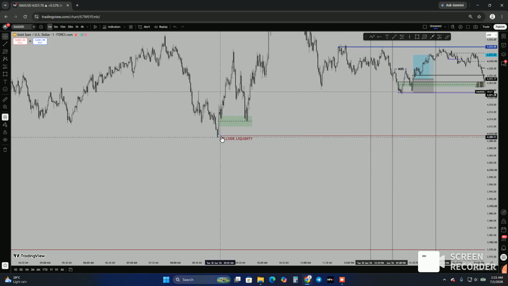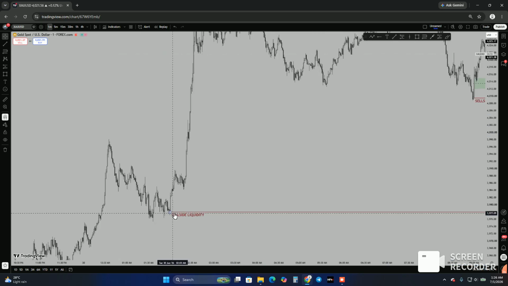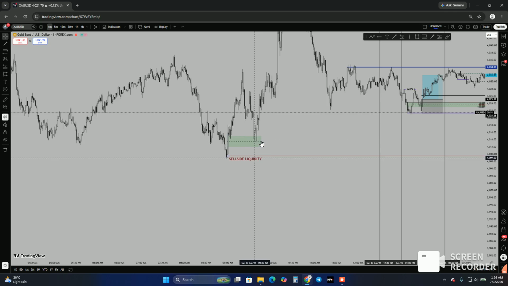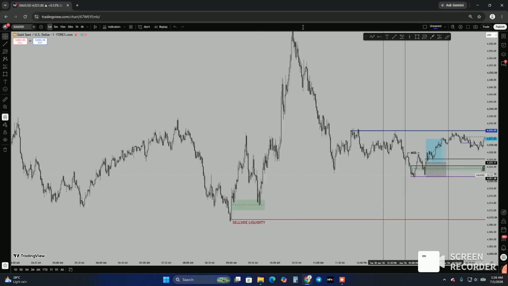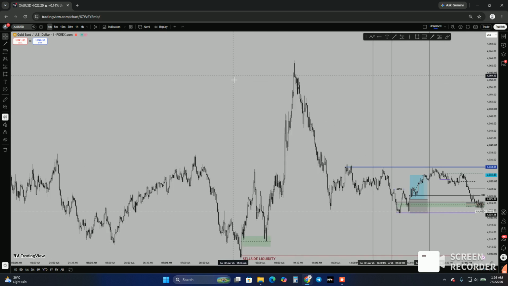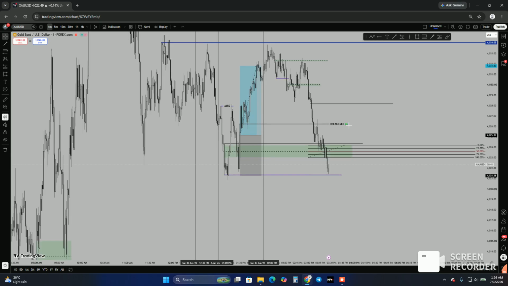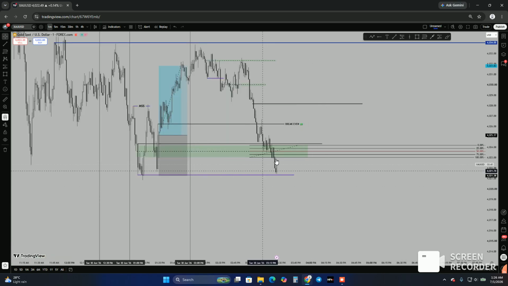How to find the liquidity? The opening candle, if it sells a gap, then it's a liquidity. This one is also liquidity. So why didn't he take it out immediately? Because he has to run to his desired liquidity. Now what is he doing?